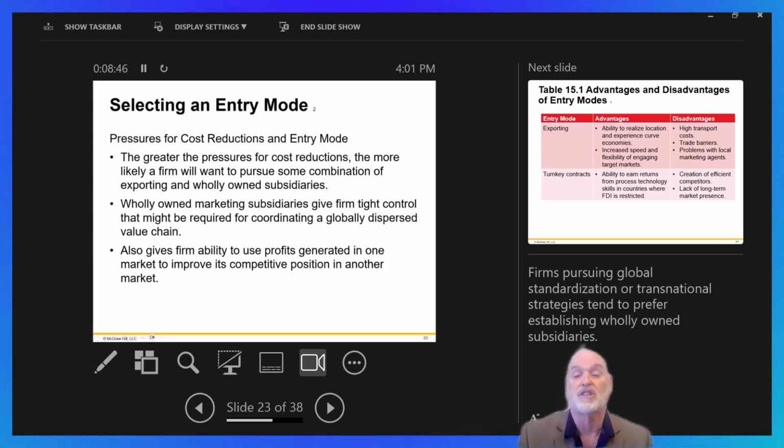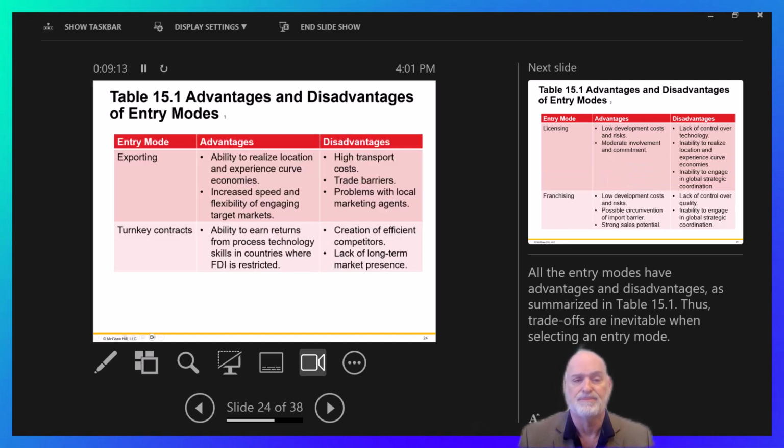Pressures for cost reductions and entry mode: the greater the pressures for cost reductions, the more likely a firm will want to pursue some combination of exporting and wholly owned subsidiaries. Wholly owned marketing subsidiaries give the firm the tight control that might be required for coordinating a globally dispersed value chain. Also, it gives the firm the ability to use profits generated in one market to improve its competitive position in another.